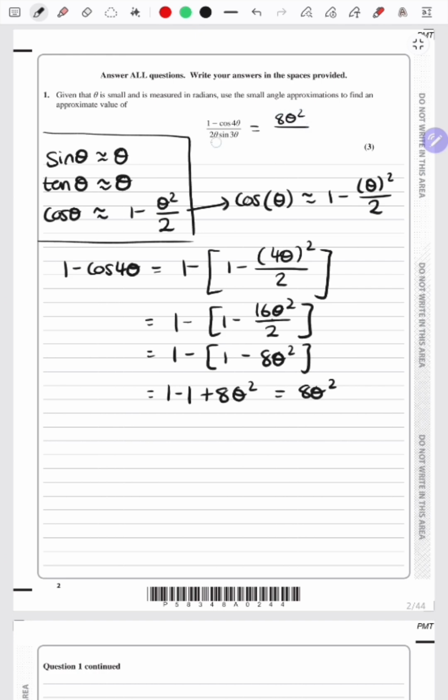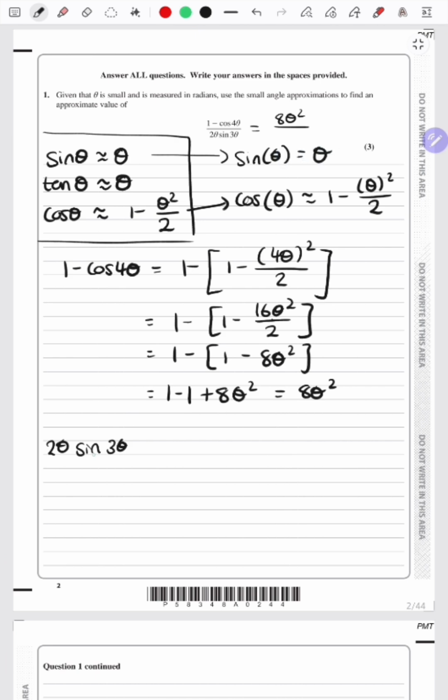Now let's work on the denominator here. So this is much simpler. We just have 2 theta sine 3 theta. So now we need to remember here we have sine theta is approximately equal to theta, so if we were to put brackets again, sine of a bracket theta is equal to theta.